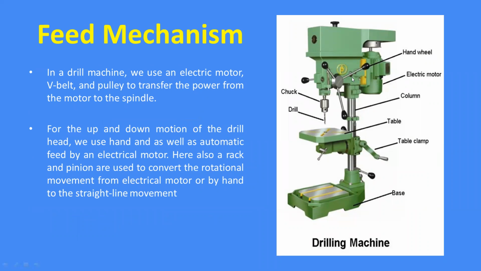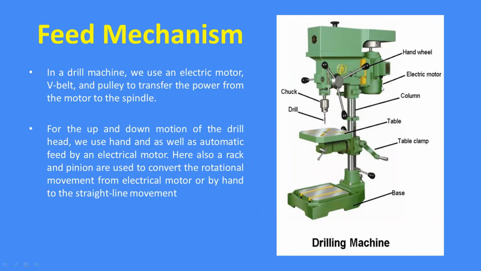So you can see in a drill machine we use an electric motor, V-belt, and a pulley to transfer the power from the motor to the spindle. You can see this is a drilling machine, right? How the power is transmitted: this is the electric motor. We are going to switch on the electric motor.